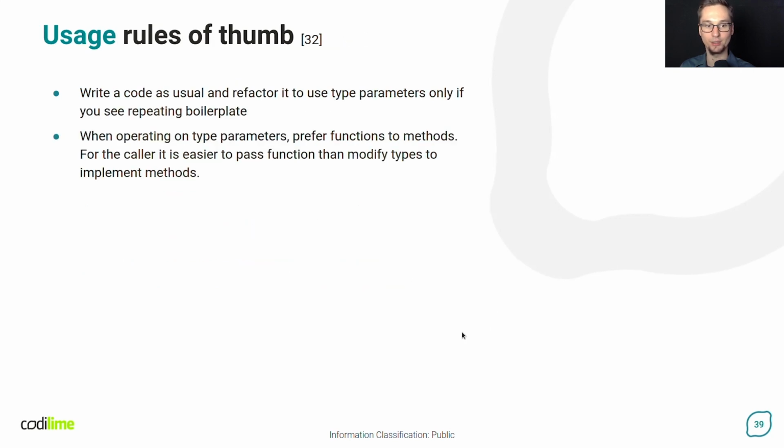And there are also some rules of thumb for using generics. For example, it's best to just write code as usual, and if one sees repeating boilerplate which differs only in types used, here is a good place to consider using type parameters.